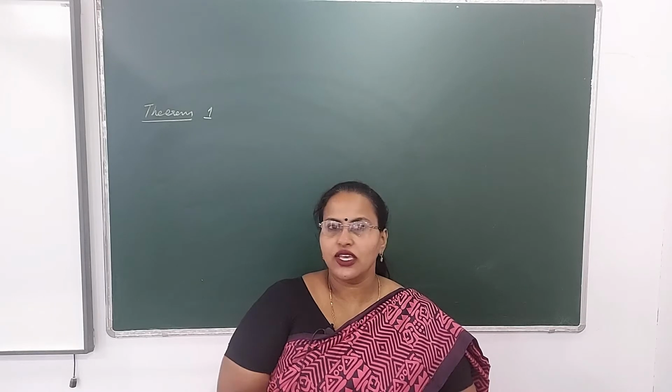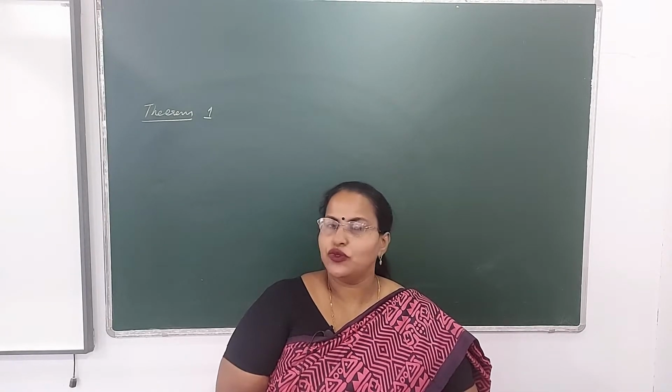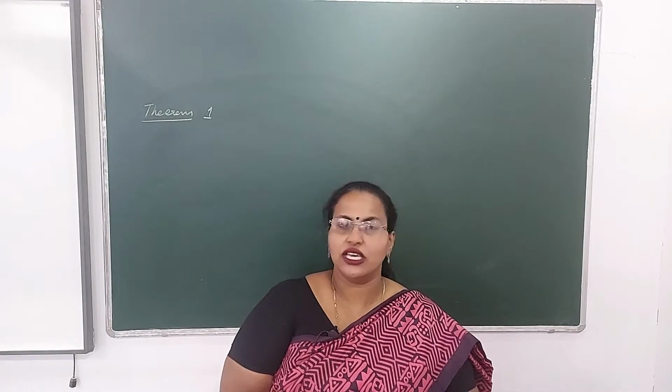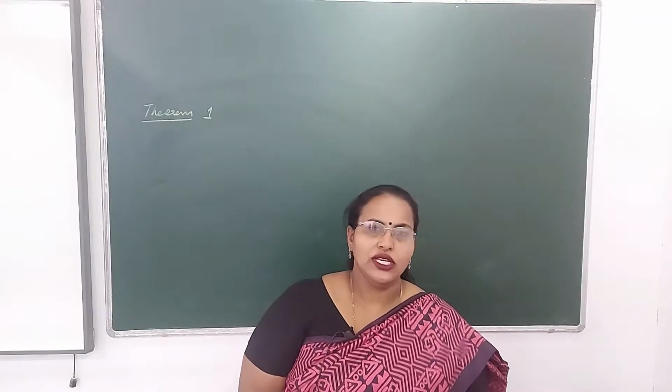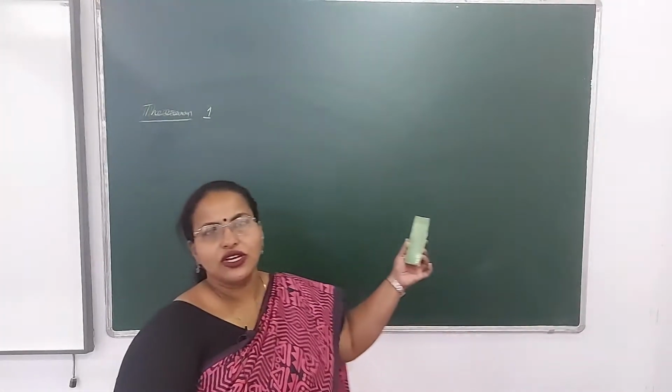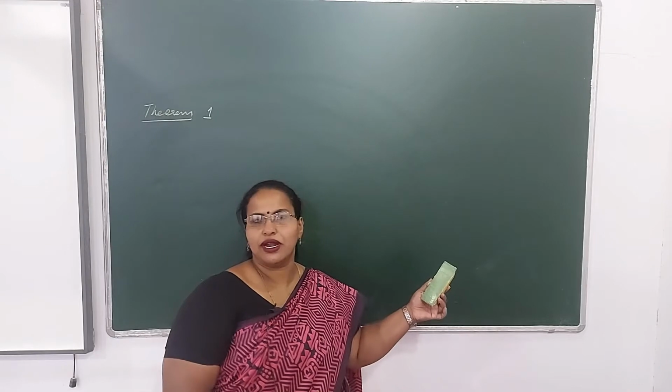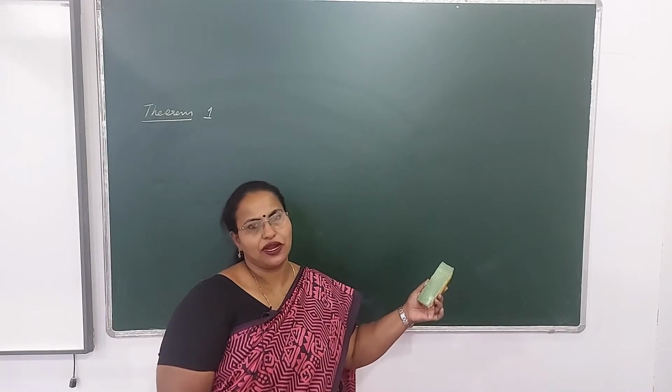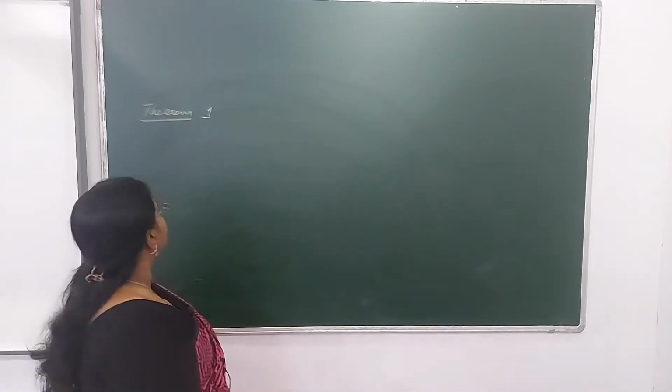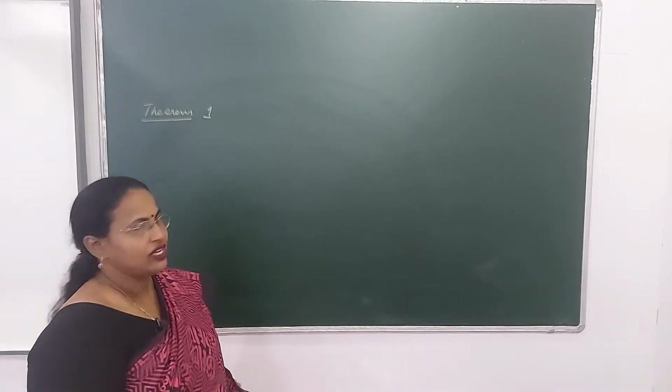Now i and j you know very well, i shows the position of the row and j the position of the column. So let us come back to this. The first theorem based on symmetric and skew symmetric matrix. So let us start. I am telling you the statement of this.